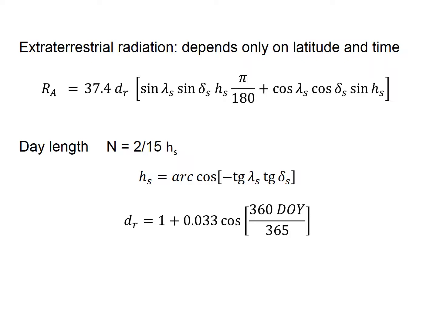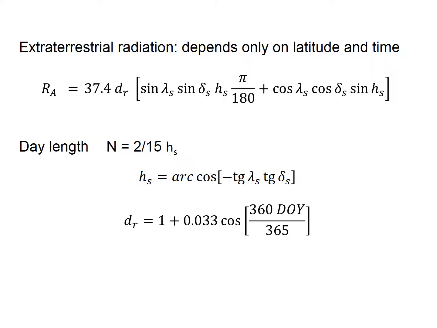We can calculate extraterrestrial radiation using this equation, where the dr is a correction due to the distance from the Sun to the Earth, and then we have lambda sub S is latitude, delta sub S is solar declination, and HS is a function of latitude and declination.